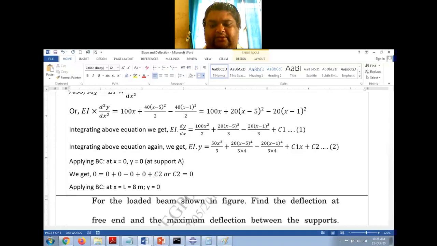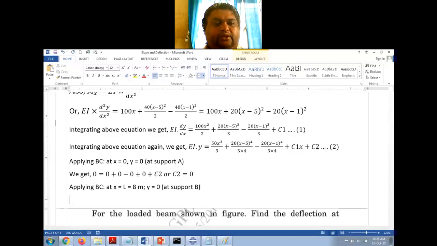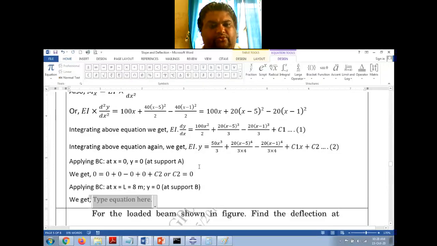Again, y will be 0. What does this point? At support B. That is the other end of the simply supported beam. Now again, let me put these values. We get this will be 0. So 0 is equal to, now here it is not 0, right?